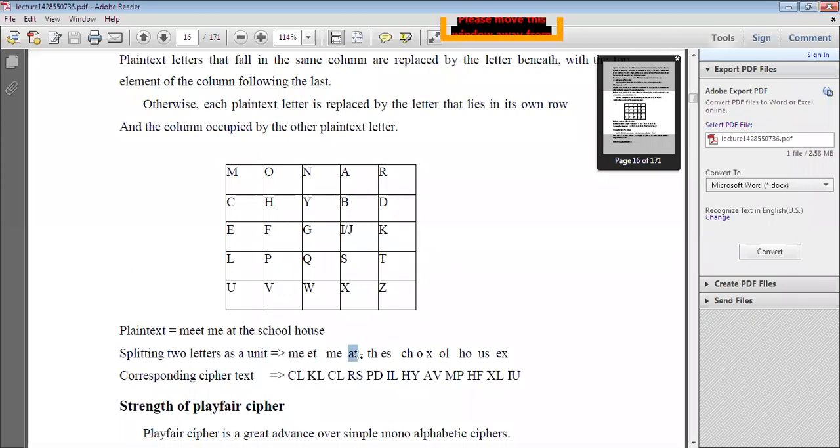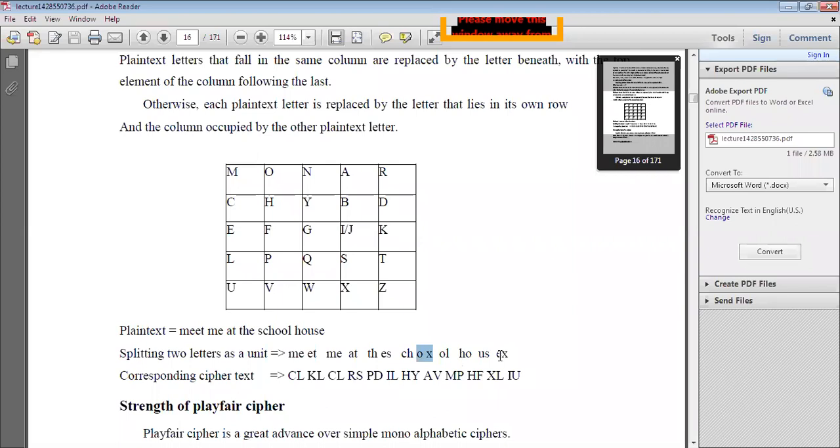In a 2-letter word, you may get the same letters. For example, here you see SCH, that is the CH. After CH, you get two letters that are the same, that is OO. In that case, whenever you get the same letters, you take a default letter X. So OX, the default letter X.